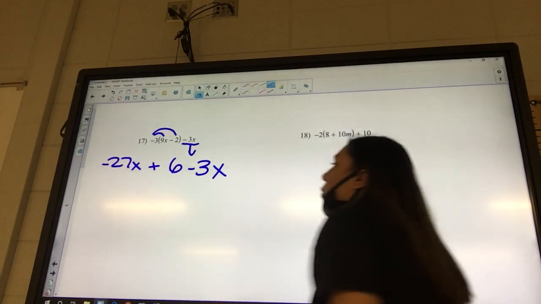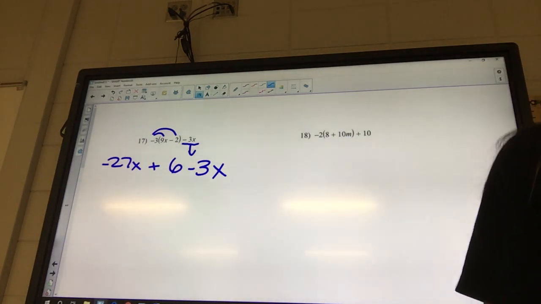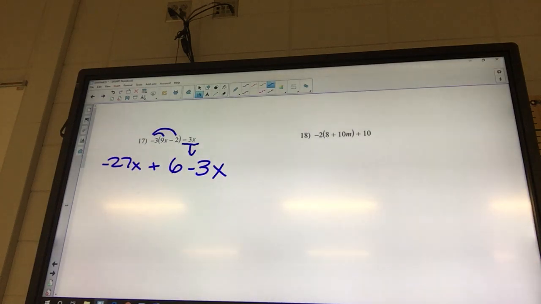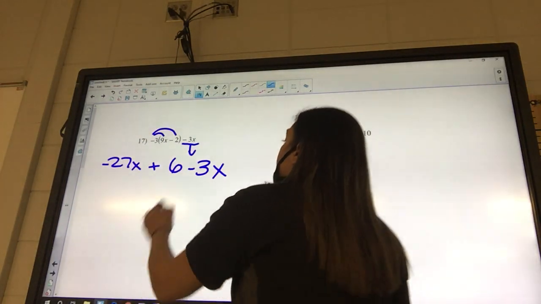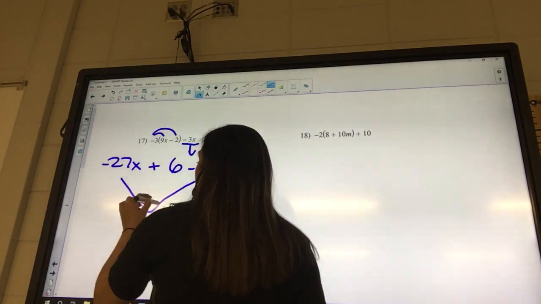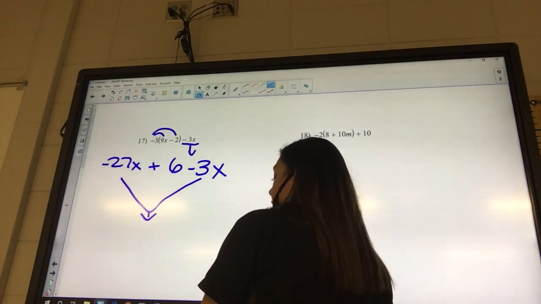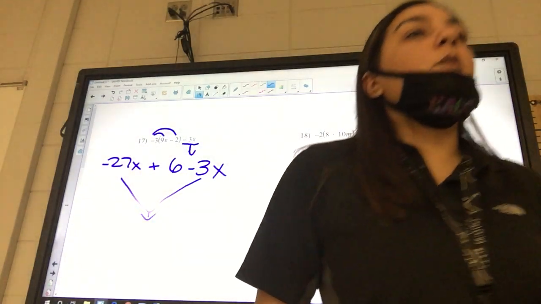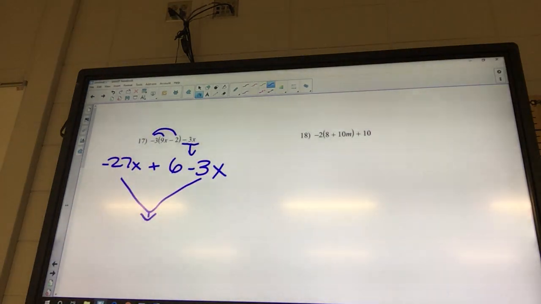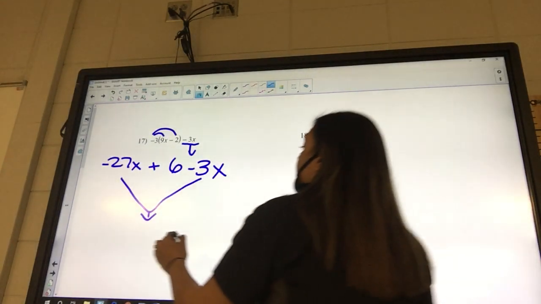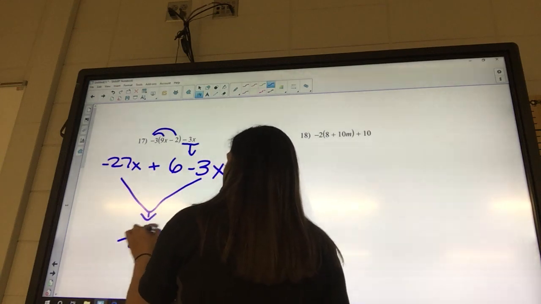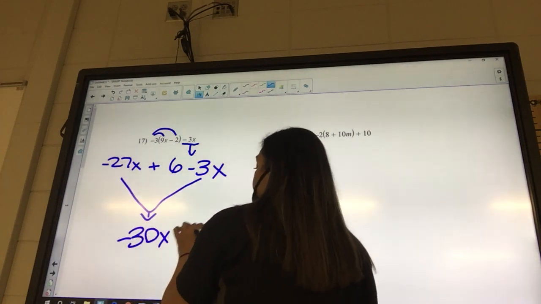What can we combine? The negative 3x and negative 27x, because why? What is their last name? x. So you're going to type in negative 27, then say negative 3. Equals negative 30x. And what? Plus 6.